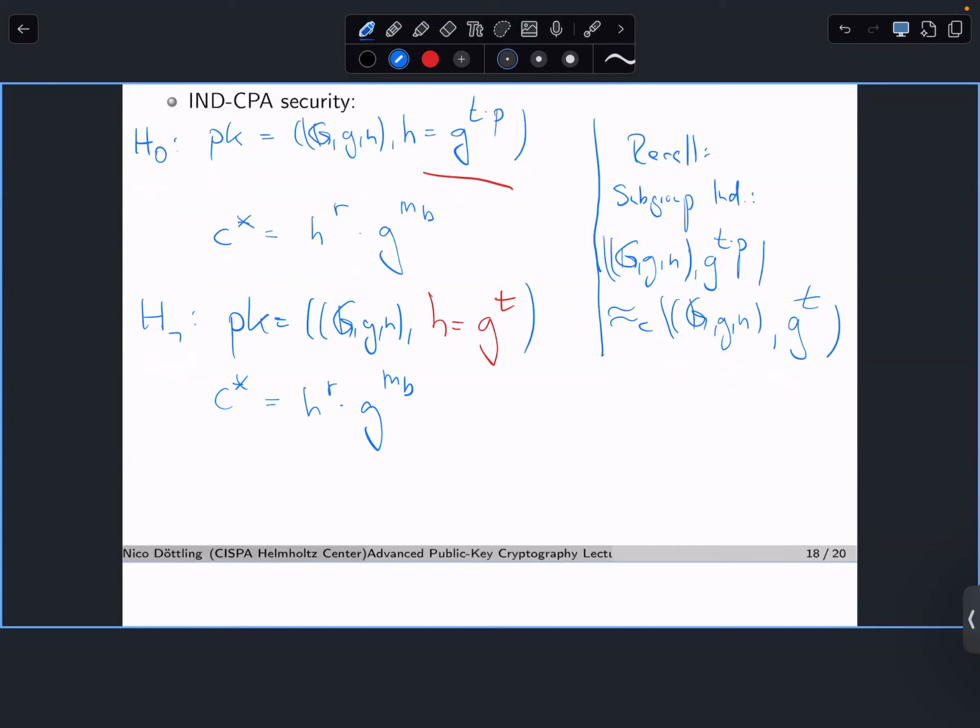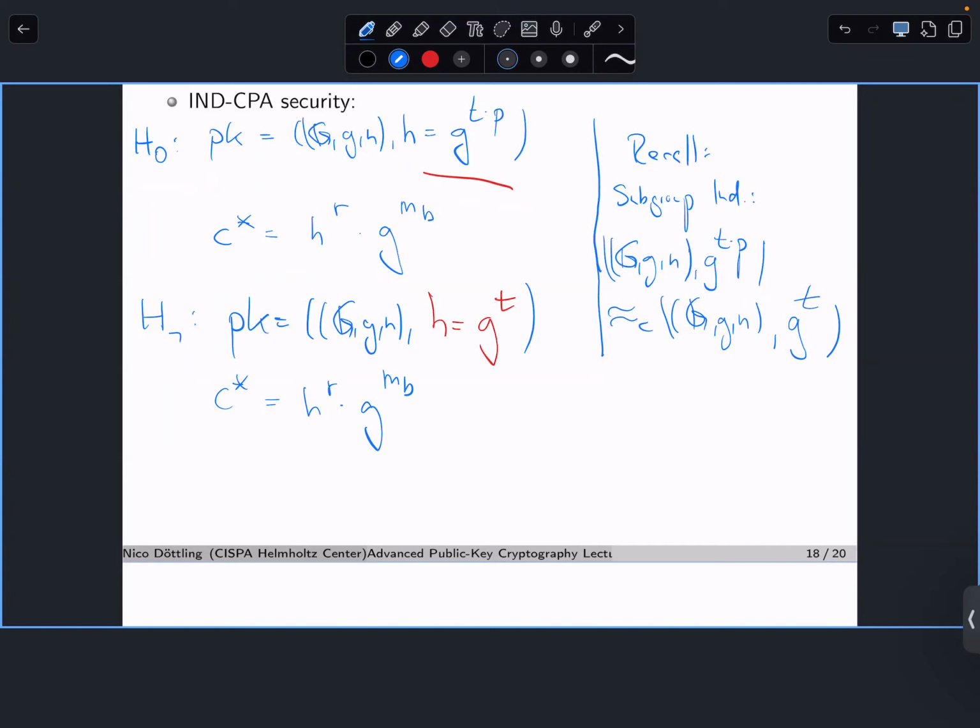Okay, so what would happen if we had an adversary who can tell these two hybrids apart? Well, we could directly use him, of course, right? But I'm not going to do that now in all its glory, to break the subgroup indistinguishability assumption. Because what are we going to do? Well, a standard reduction.